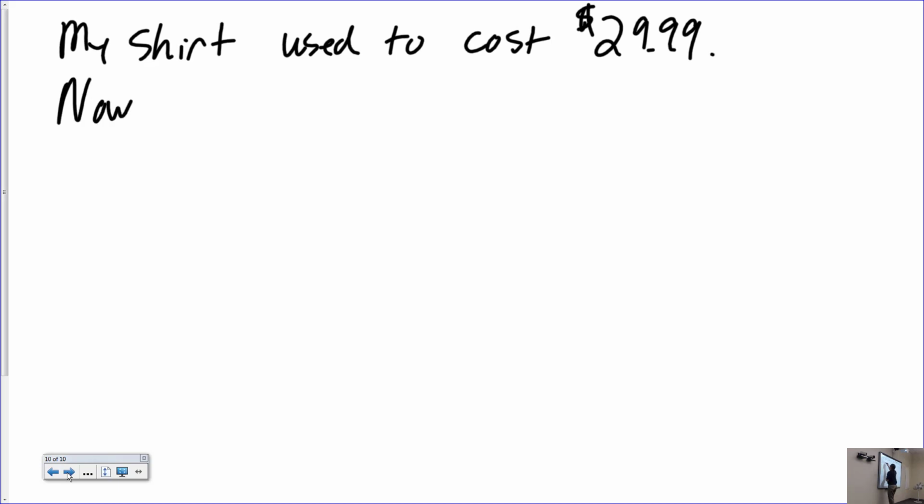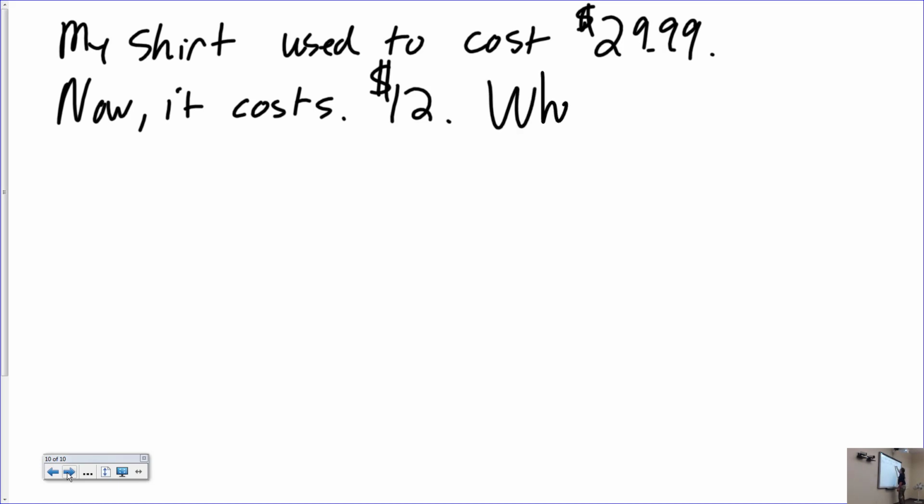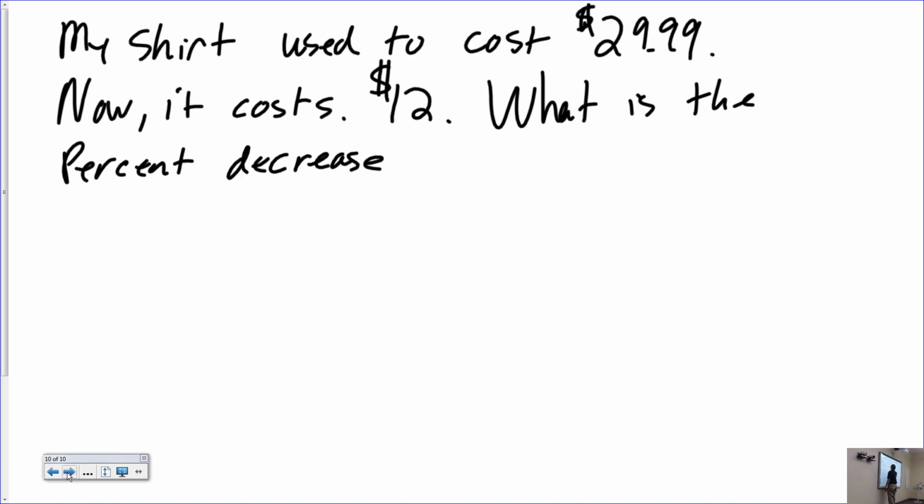Now, it costs, let's go with $12. What am I going to ask? What is the percent decrease? What is percent decrease? Or what's the rate?